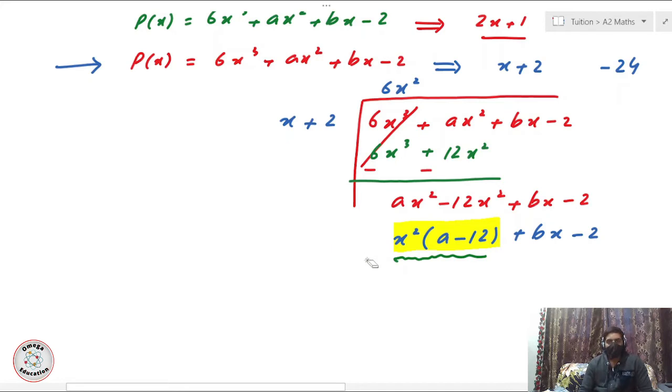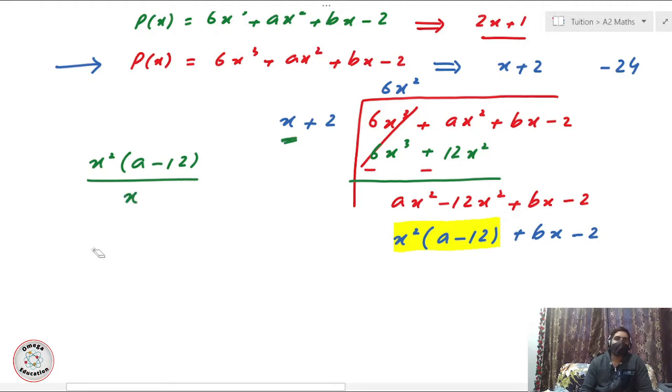Now what thing do I multiply x by so I can get to this thing? Once again, if you struggle with it, write x squared into a minus 12 as the numerator, divided by x in the denominator. Then you try to simplify it.